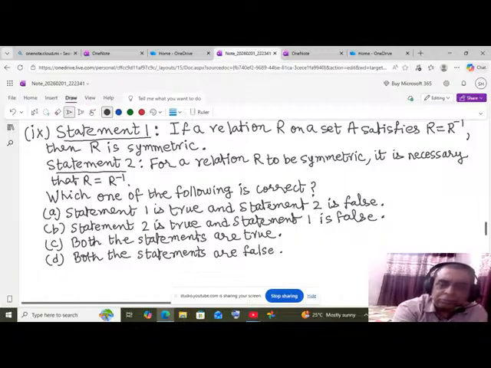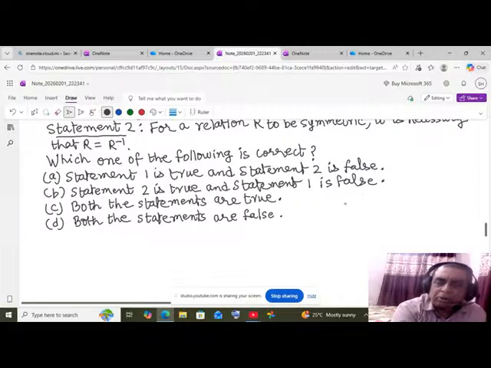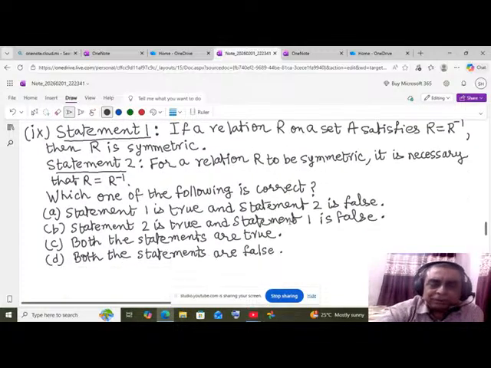A. Statement 1 is true and statement 2 is false. B. Statement 2 is true and statement 1 is false. C. Both the statements are true. D. Both the statements are false. Now we have to check which is true and which is false.